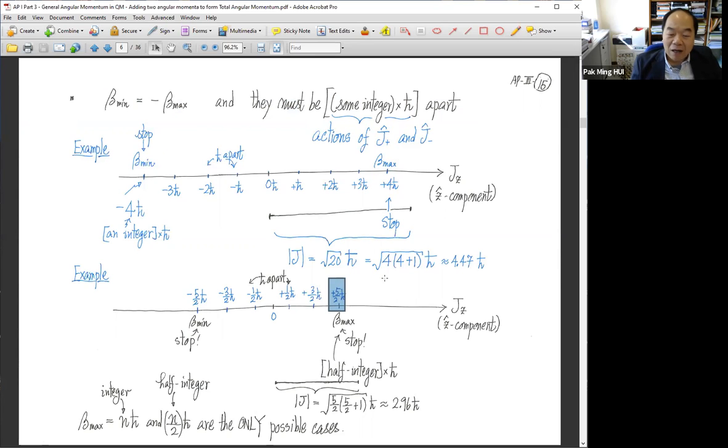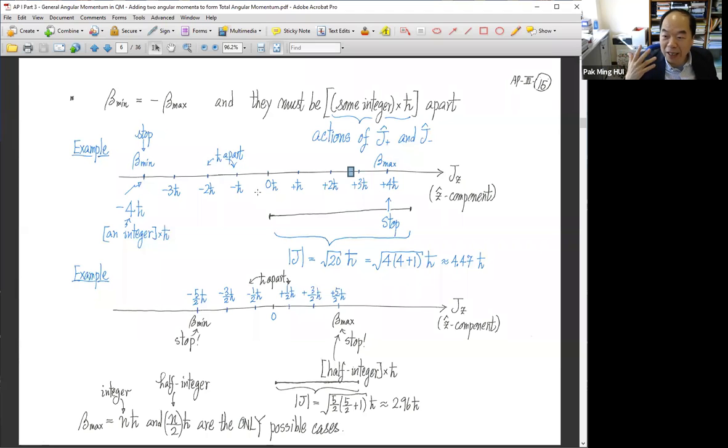Think about it. If I start somewhere very strange, say 2.8 h bar, then J minus will take me to 1.8, 0.8, minus 0.2, minus 1.2, minus 2.2, and then minus 3.2. It will never end, and then the criterion of the component being shorter than the magnitude will be violated.